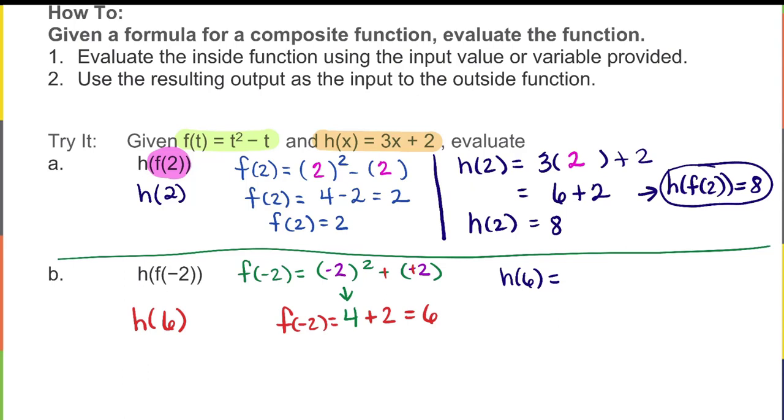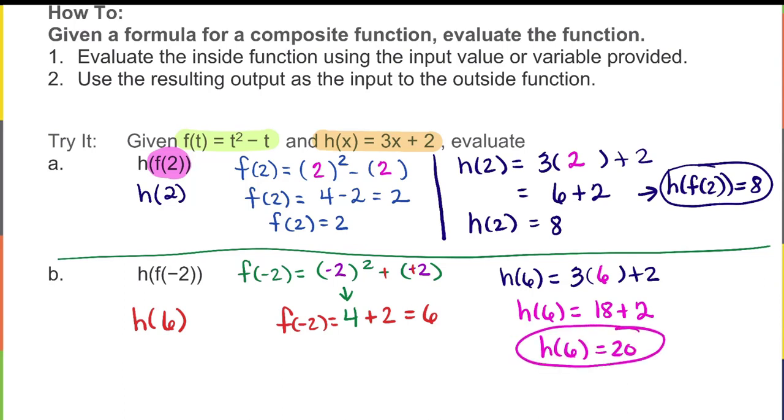So h was 3x plus 2, and instead of the x I use parentheses, and in the parentheses I'm going to put 6. So now h of 6 is equal to 3 times 6, which is 18, and 18 plus 2 is 20. And that's as far as we can go there.